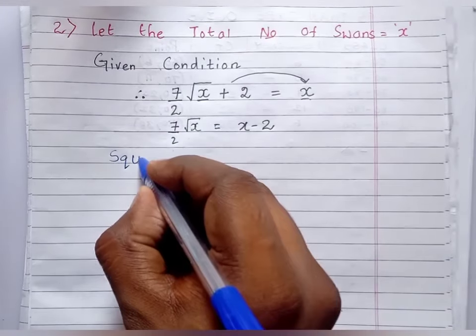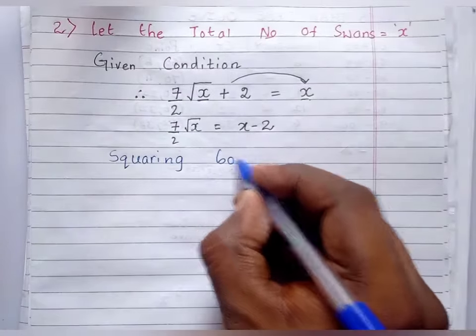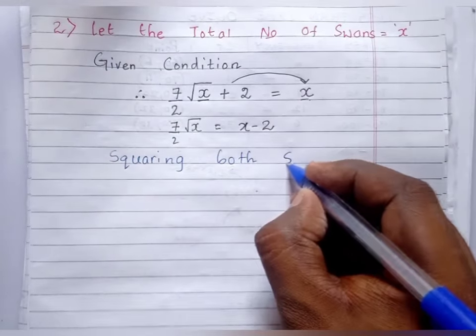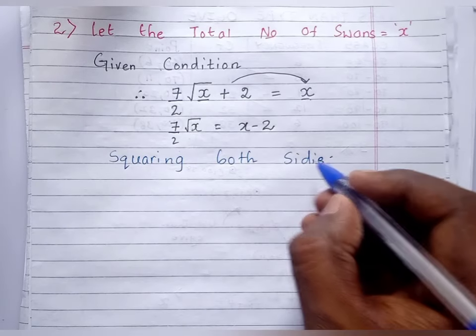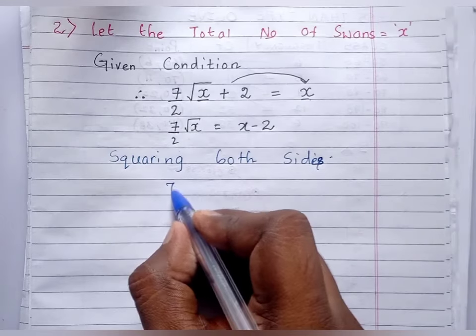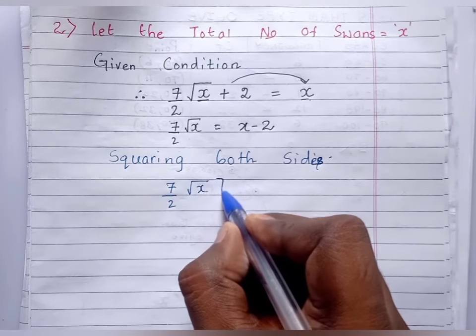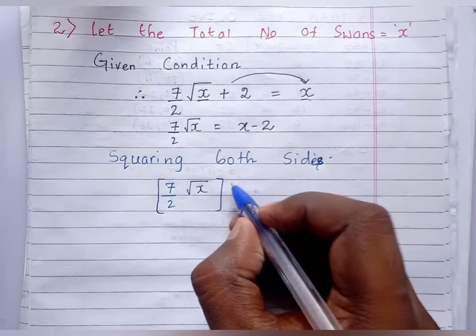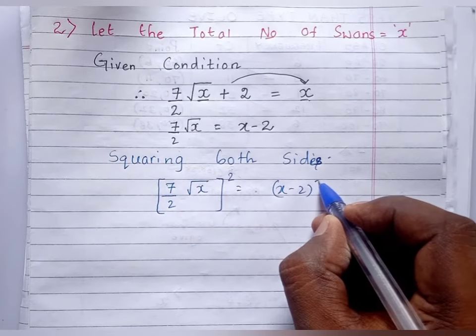Squaring both sides, 7 by 2 root x whole square equals x minus 2 whole square.